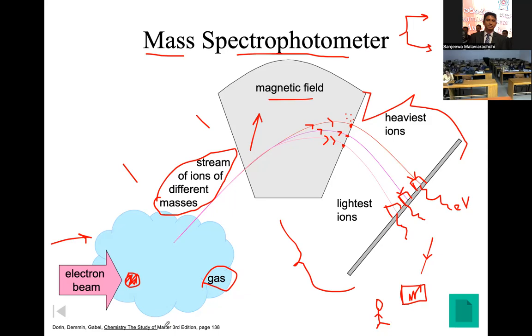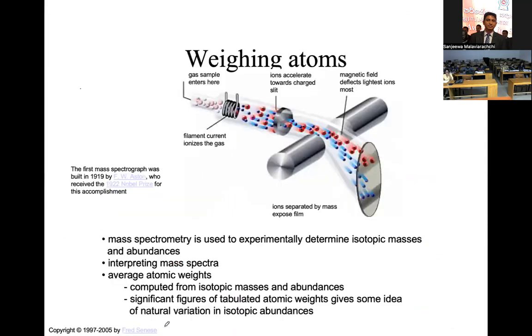This is the basic principle, but there are many complex types of mass spectrometers. The first mass spectrometer was produced in 1919 by a person called Aston. He received the Nobel Prize for this invention in 1922.